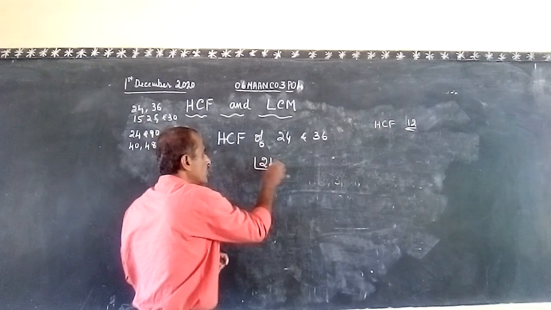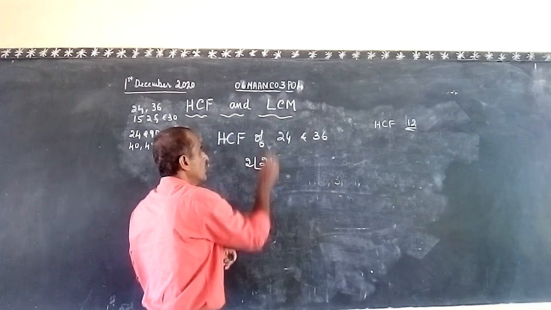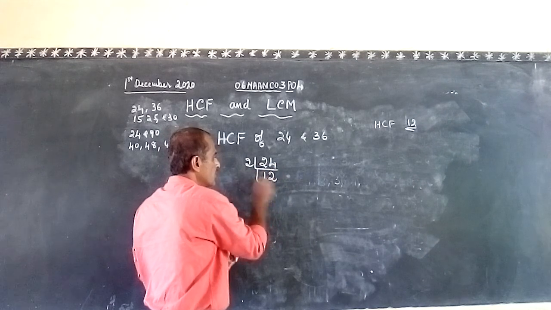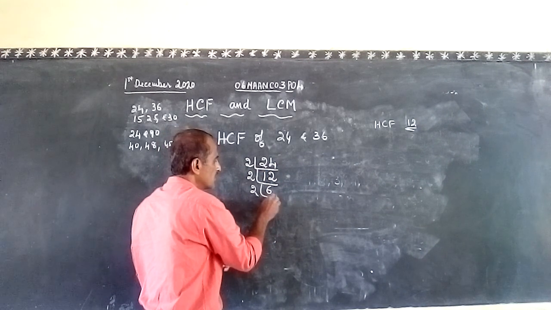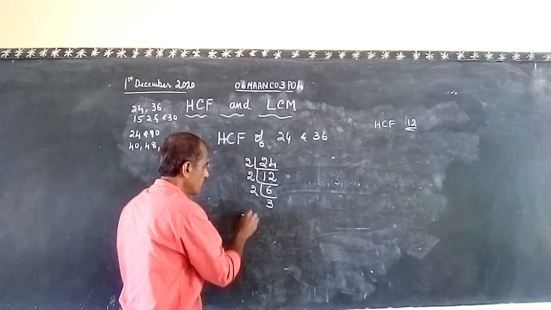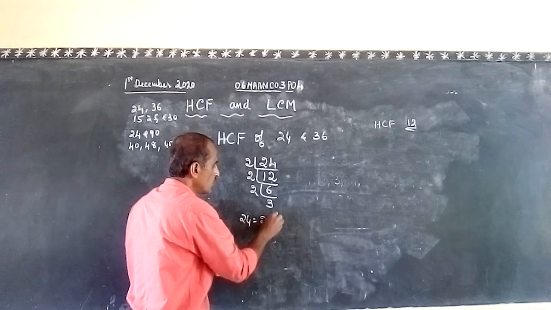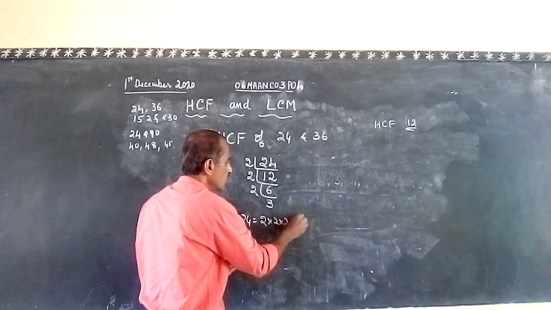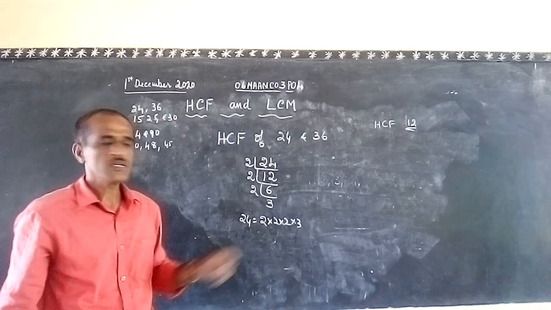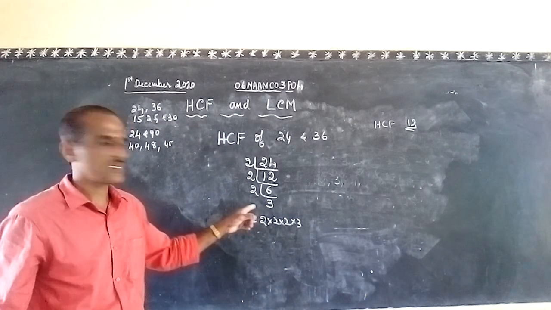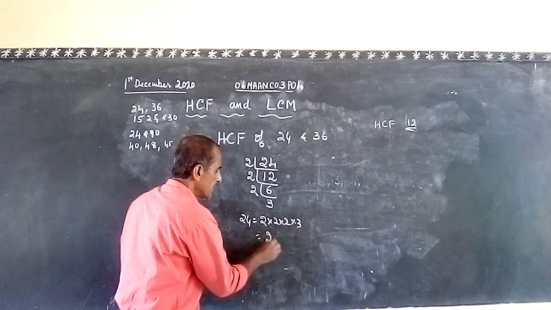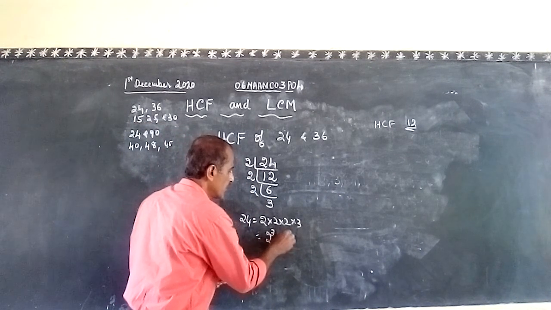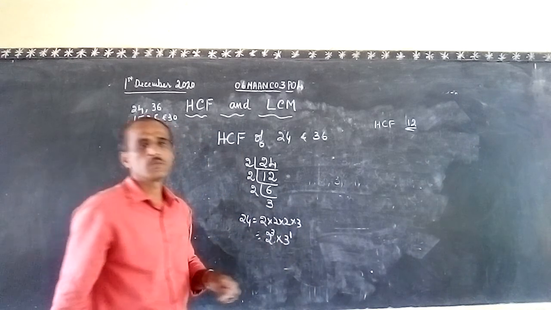Go on dividing 24 to find the factors: 2 12s are 24, then again by 2, 6 2s are 12, again by 2, 3 2s are 6, finish. So 24 is equal to 2 into 2 into 2 into 3. You have studied this prime factorization method. Or you can write it as 2 to the power 3 into 3 to the power 1.